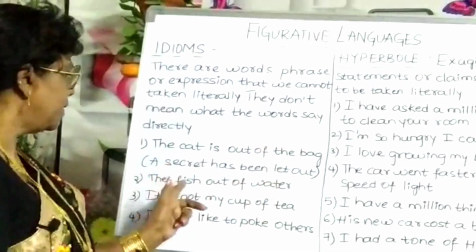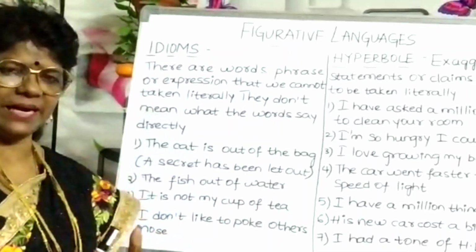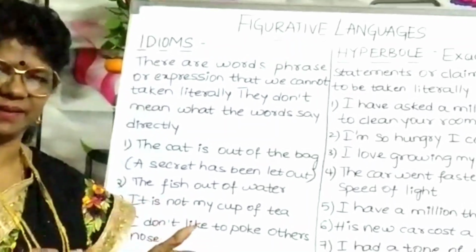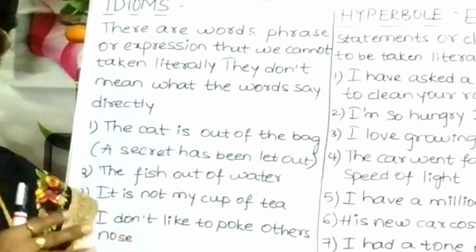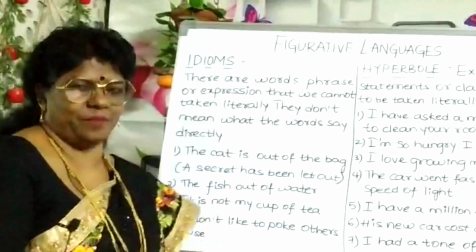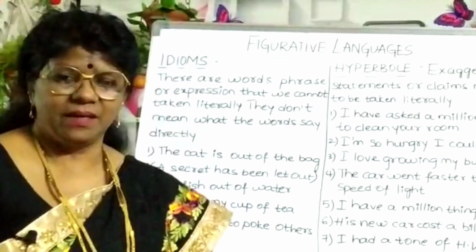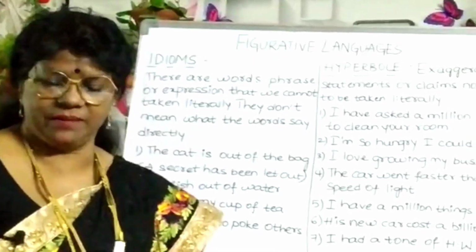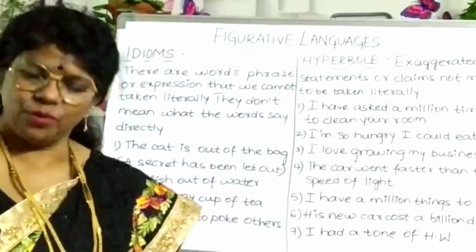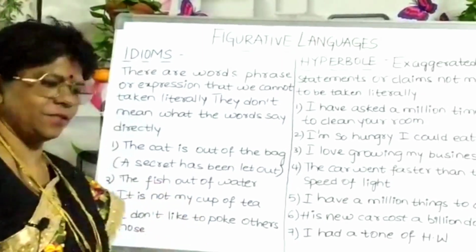Then, the fish out of water, in the sense that you tried and tried, and at last you succeeded. You have come across certain things and got a great victory. It is not my cup of tea. What is it? It is not required of me, that is not my business, I'm not supposed to do that. I don't like to poke others' nose.